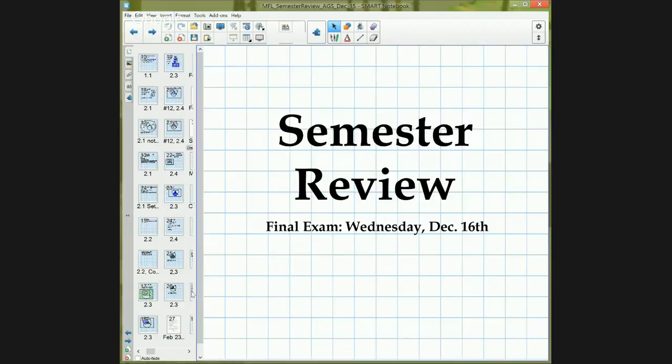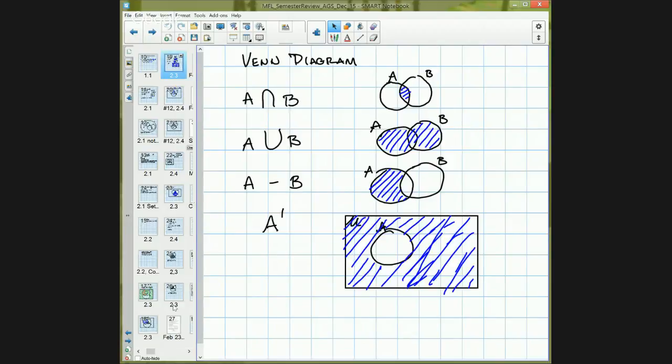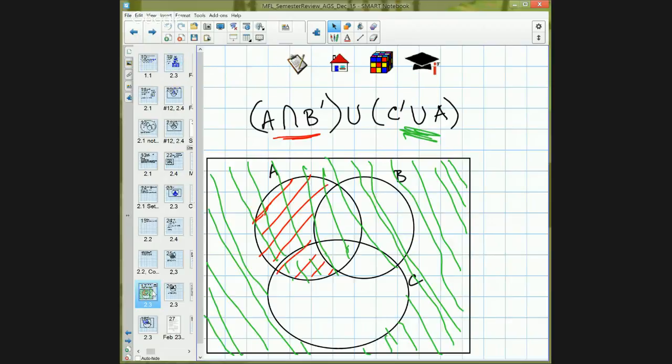I'm just looking at a couple of things I've got up here under 2.3, 18 to 23.